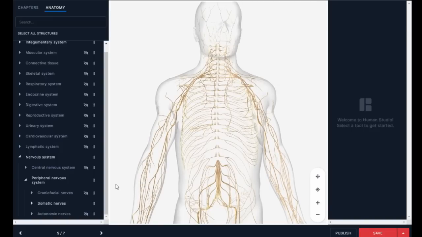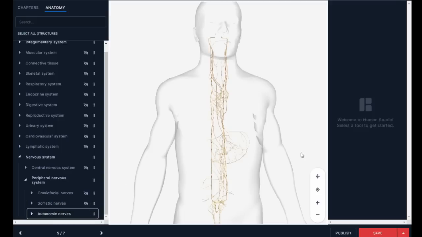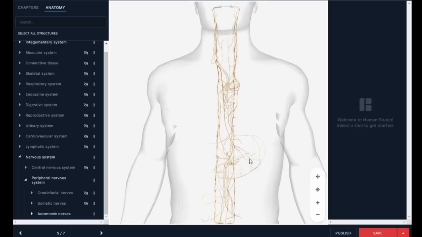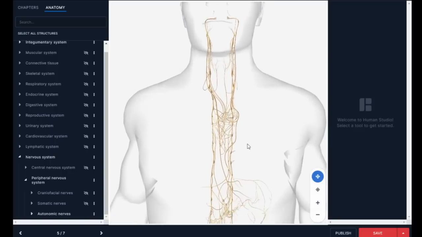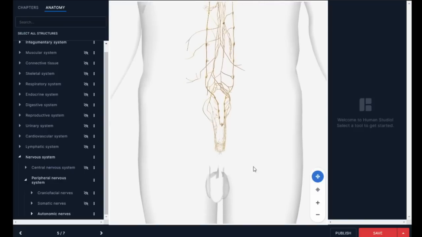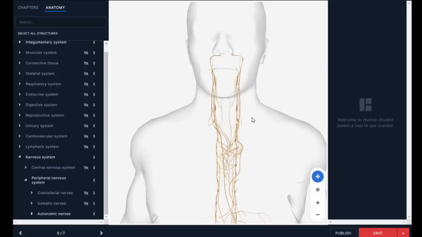Now, how about the autonomic nervous system or autonomic nerves? Okay, these are the autonomic nerves or the autonomic nervous system. Majority of them are just concentrated near the spinal cord.